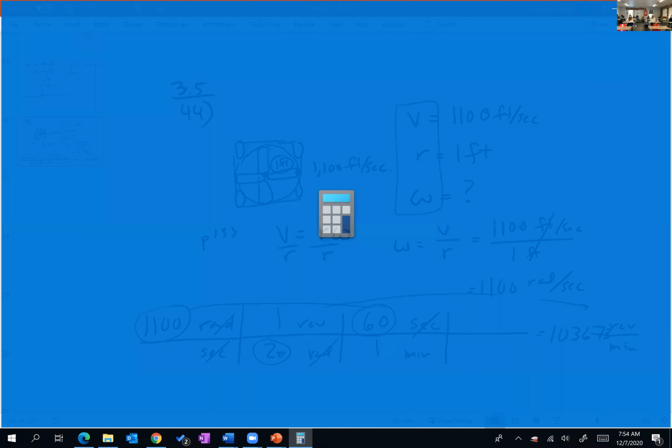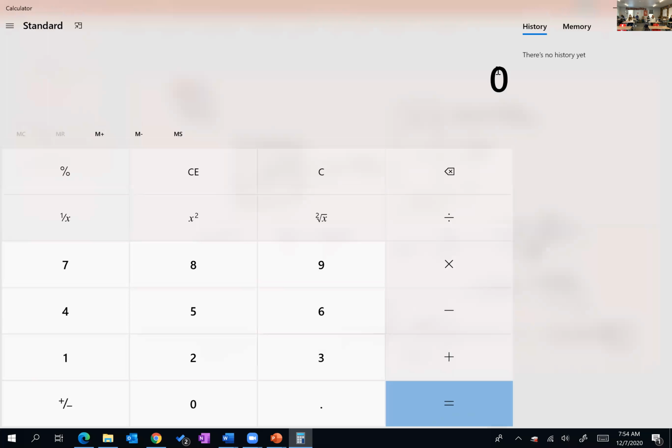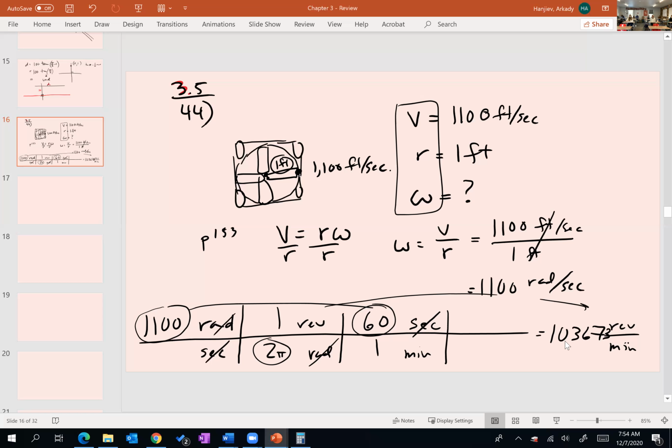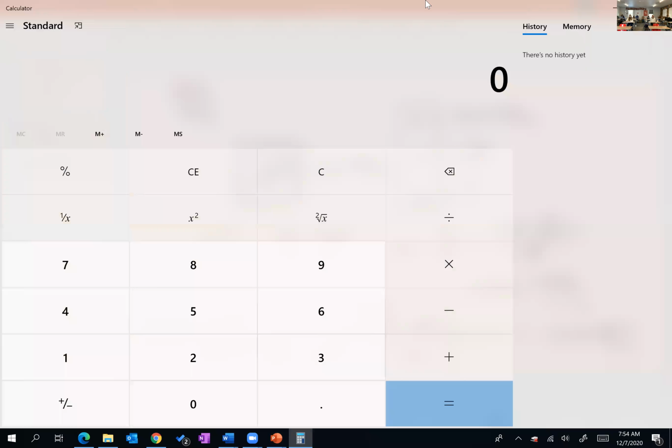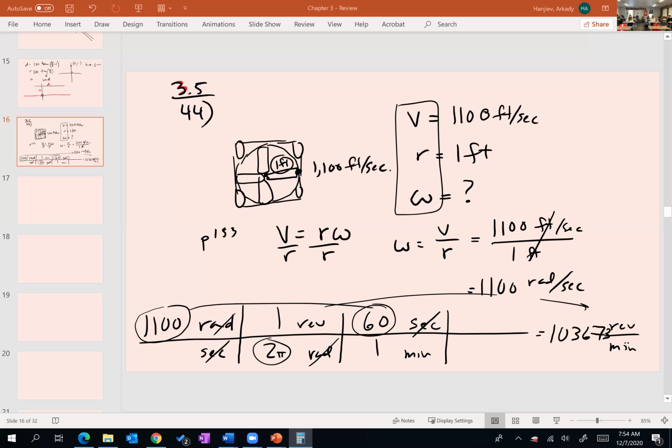Yeah, it's what you put down. My calculator's up. Everybody see my calculator? Not right now, but a second ago. Divided by 2 and divided by 3. Should be in the neighborhood of about 10,000 though, right? I got 103,673.